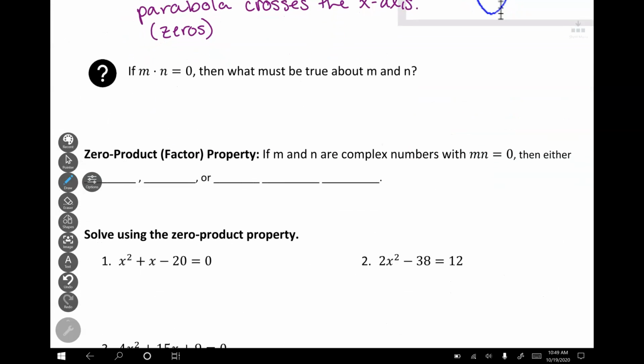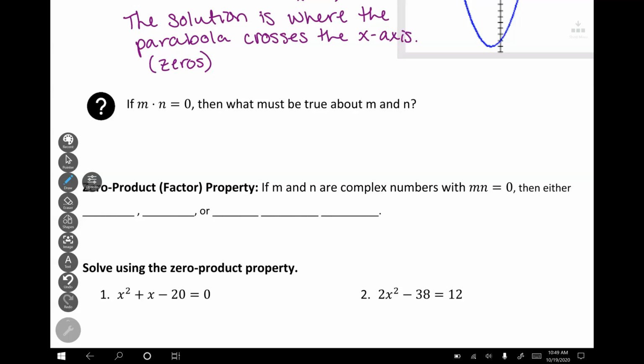Another little question for you to think about. If m times n equals 0, then what must be true about m and n? Try to come up with the solution on your own.